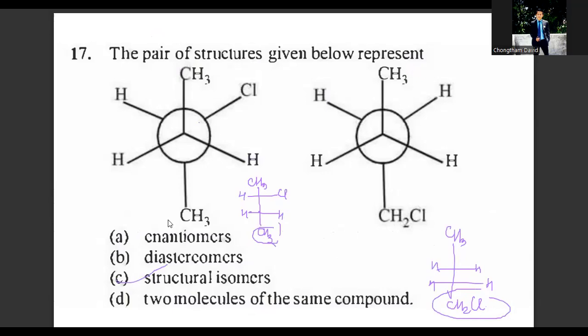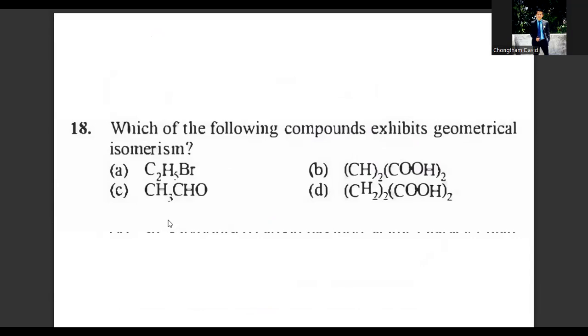Let's see question number 18. Which of the following compounds exhibits geometrical isomerism? So, formula for this compound, let us write down the possible structures.